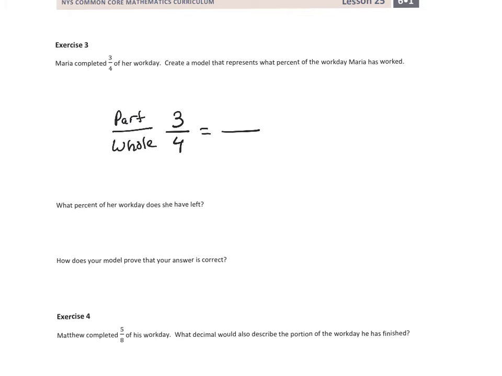The whole workday is cut into 4 pieces. If we had all 4 pieces, it would be at 100%. So the whole is 100. How do we get from 4 to 100? If you work with money, then you could say 4 times 25 cents is 100. So 3 times 25 is 75. So 75%. 75% refers to how much she's completed.